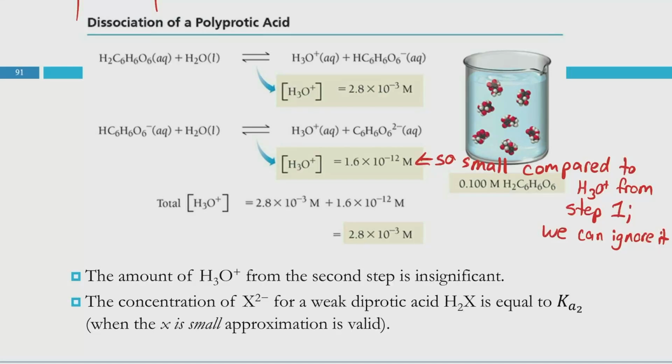So we can ignore this second H3O plus concentration. We cannot ignore the concentration of X2 minus, but as we saw in the example that we just went over, it's equal to the Ka2 if our X is small approximation is valid.